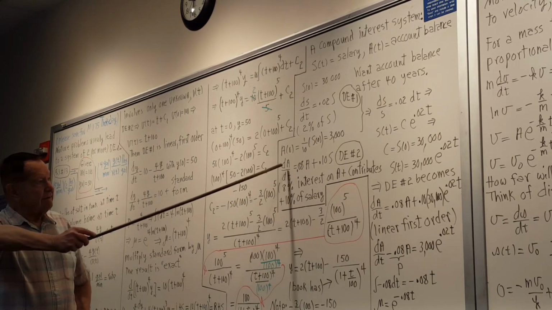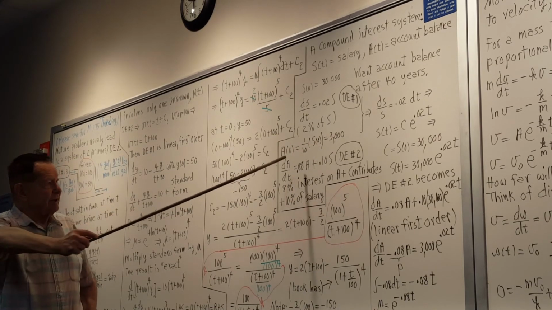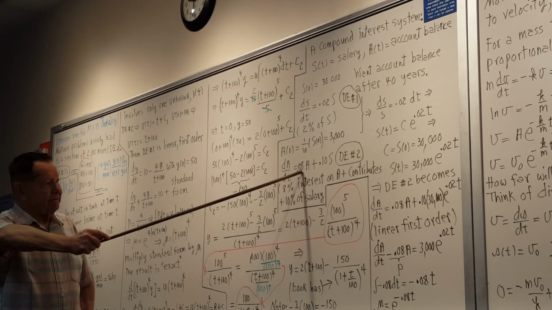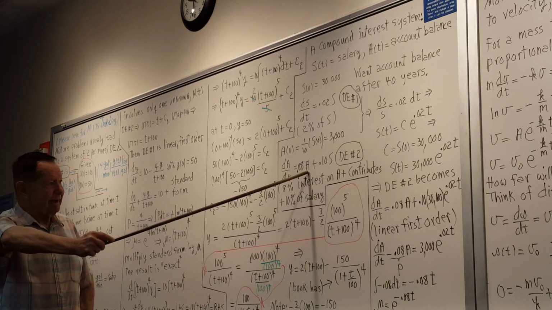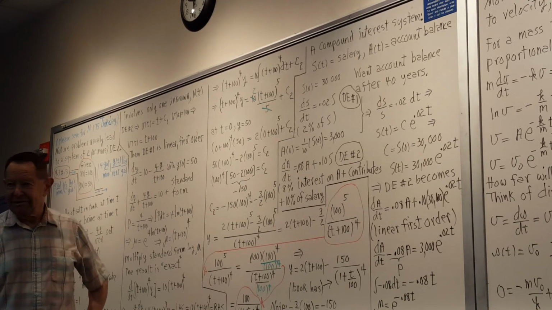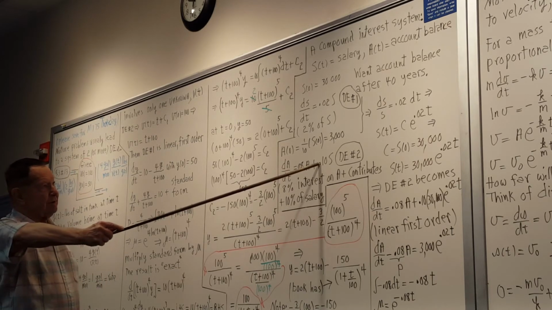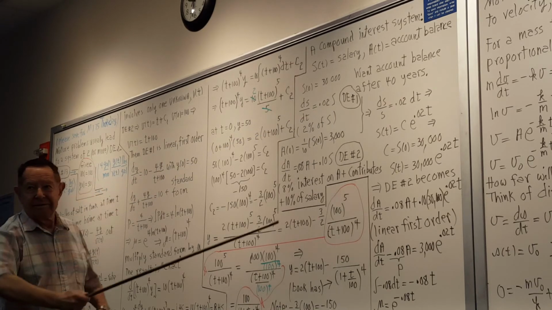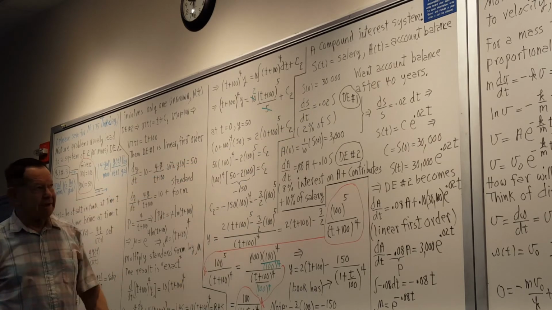So then the differential equation for the account balance is dA/dt. The account draws interest at 8%, so 0.08A, and it's continuously getting 10% of the salary put in it. So that's DE number 2, and then what the salary is, DE number 1. It's starting at 30,000 and getting a 2% raise.